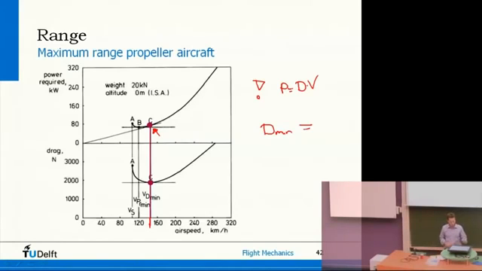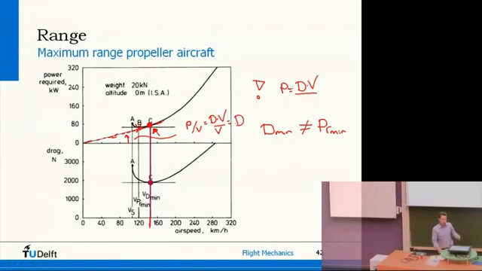Interesting to see maybe is that this point over here is actually where, if you draw a line from the origin, that's where you just hit the curve. Because power is drag multiplied with airspeed, this curve is basically a measure for power divided by airspeed, which is drag times airspeed divided by airspeed, which is drag.